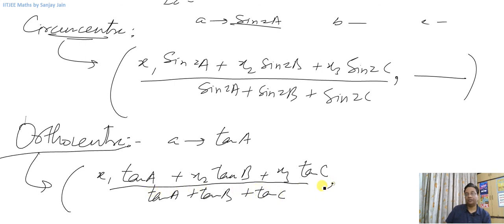Okay, all right. Similarly, you can write the y coordinate.